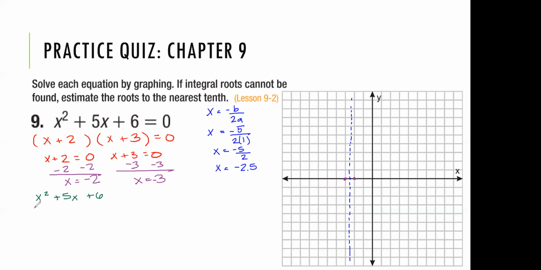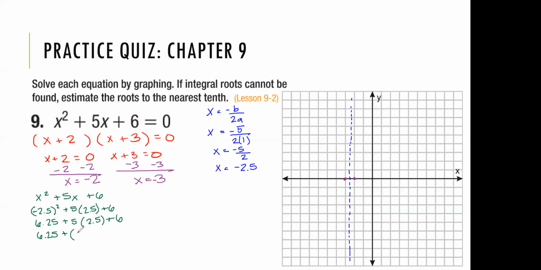So I have negative 2.5 squared plus 5 times negative 2.5 plus 6, and negative 2.5 squared is 6.25, plus 5 times negative 2.5, plus 6.